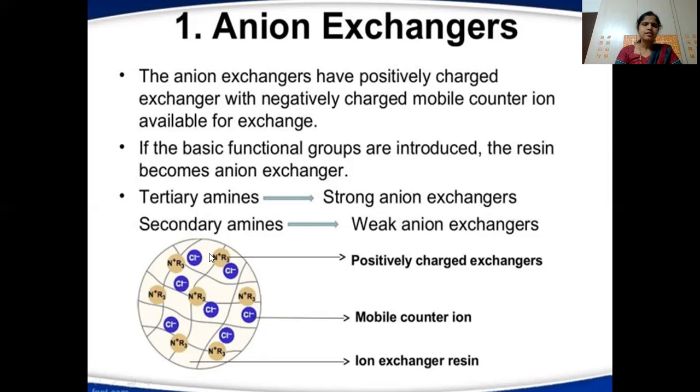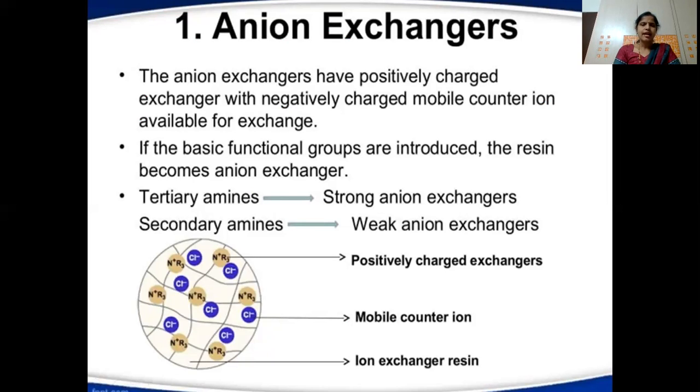Now the resin has a positive charge, which is N+R3, and the counter ion attached to that resin is an anion, which is the chloride ion. So these are positively charged exchangers, but the mobile counter ion is the chloride ion. This blue colored part shows the chloride ions which are associated with the exchanger.